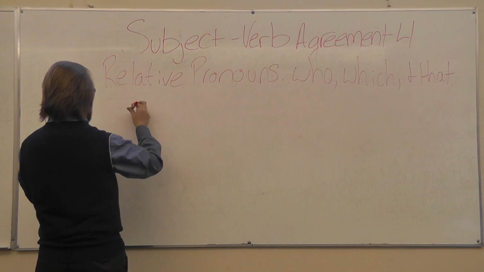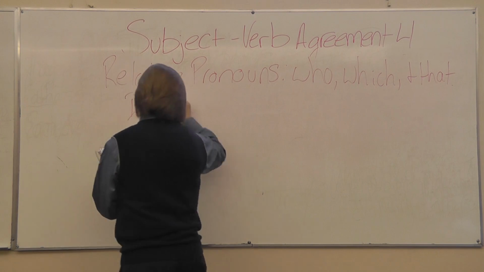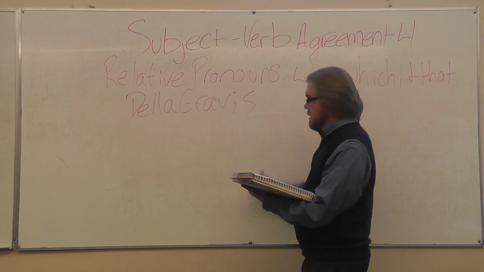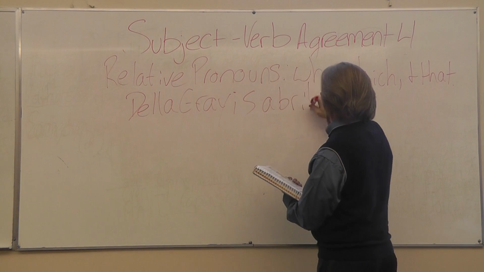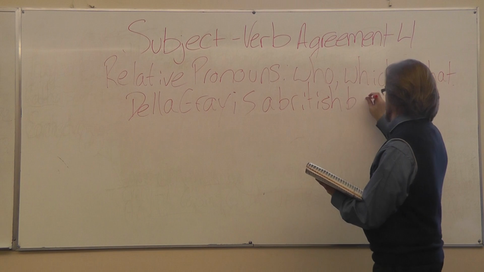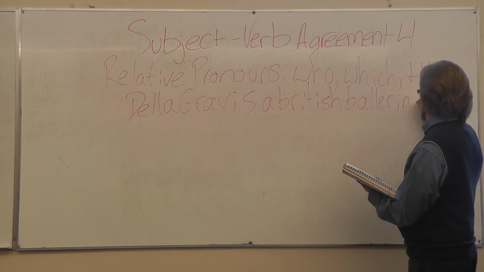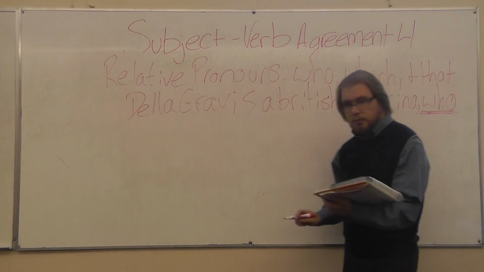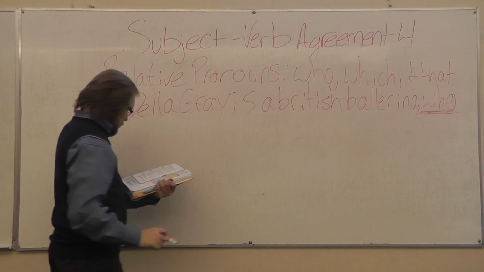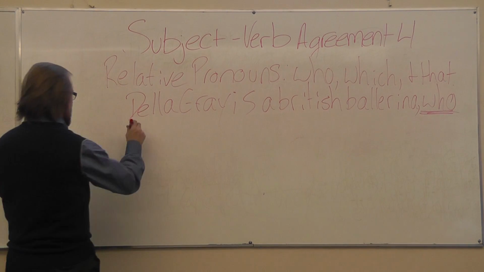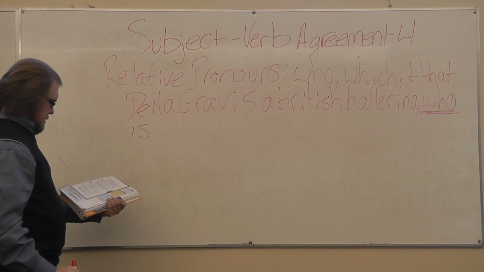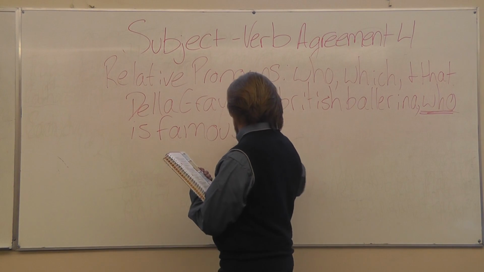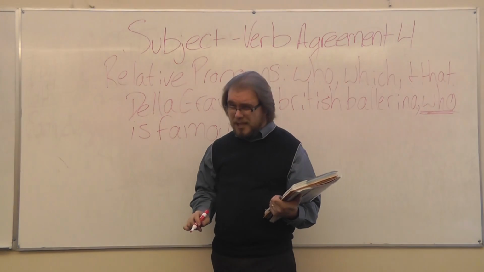So, in this sentence, which I'm going to borrow from the book, Della Gray is a British ballerina who, there's our relative pronoun, okay, who, is famous.